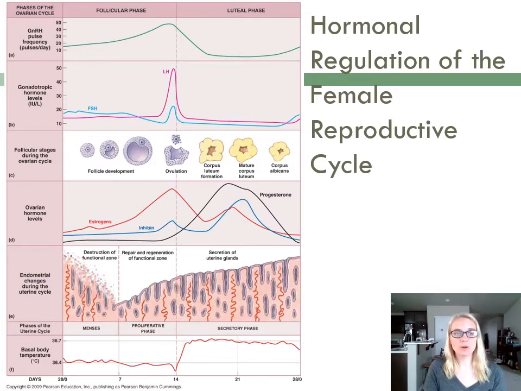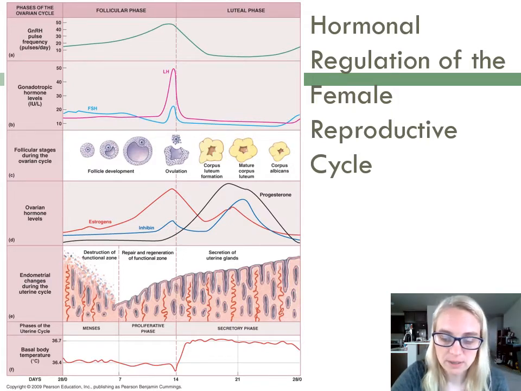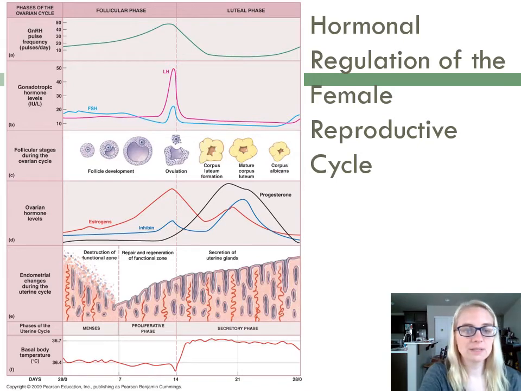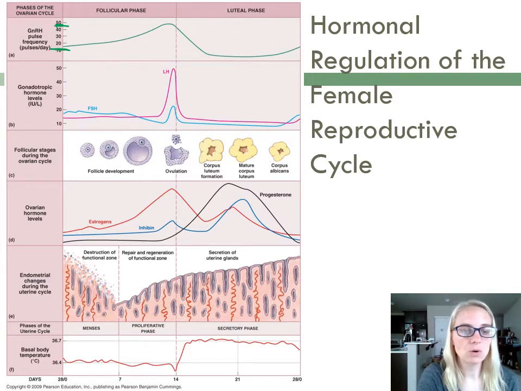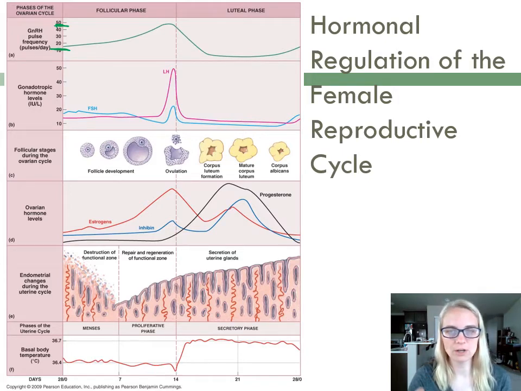When we're talking about the GnRH pulse frequency, here we can see that low level, and it reaches a peak, 45, 50-ish, around mid-cycle. When it is low, both FSH and LH are low. As it slowly goes up, we can see the FSH levels go a little higher.